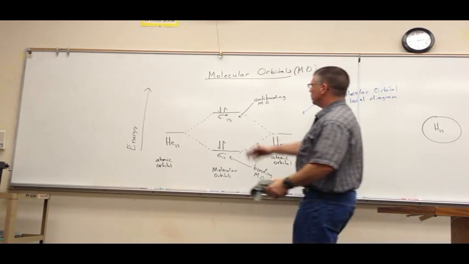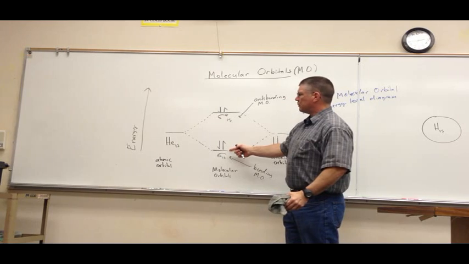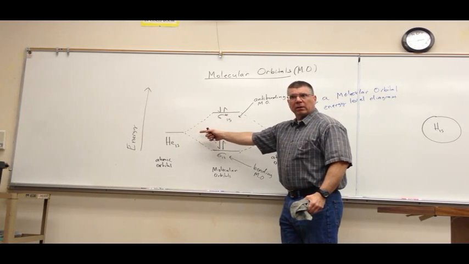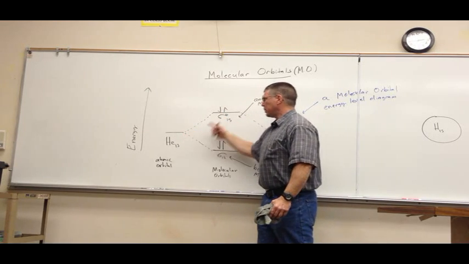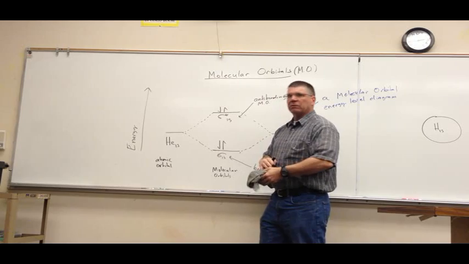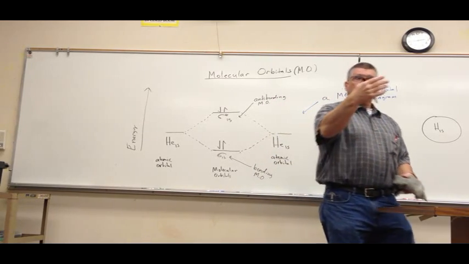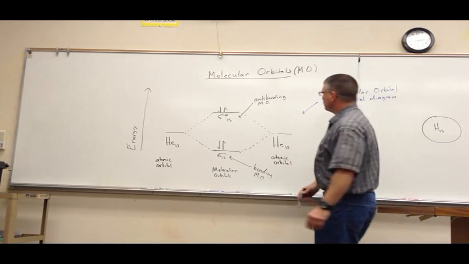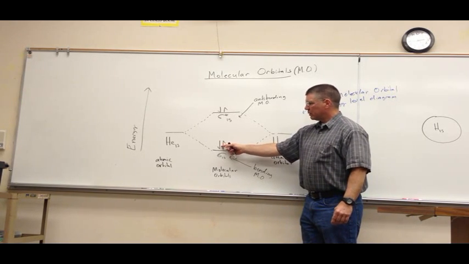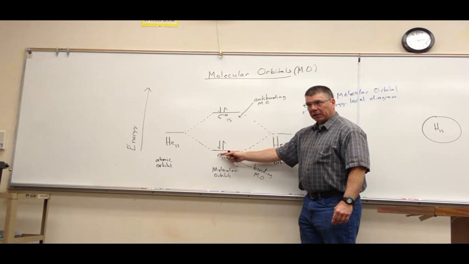Every electron that goes into an anti-bonding orbital takes away from the stability because it's higher in energy than the atomic orbitals, right? Electrons would rather be over here than be up here. But the bonding molecular orbitals increase the stability, the bonding character. So these two electrons would stabilize it because they're in a bonding molecular orbital.